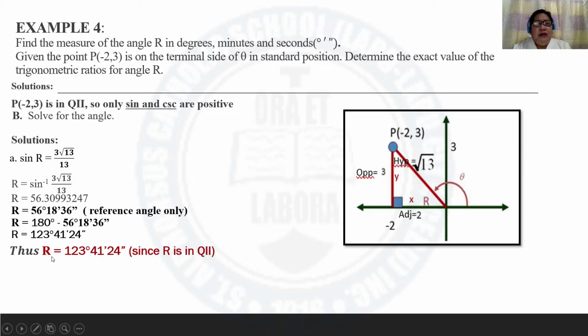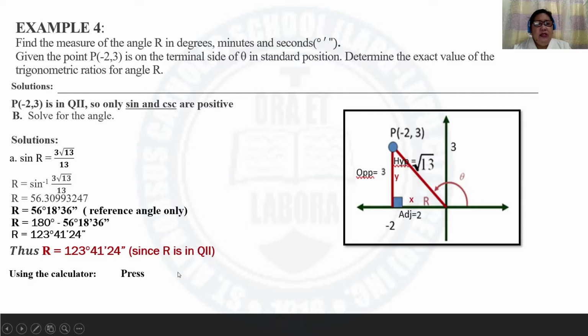Thus, the measure of angle R is equal to 123 degrees 41 minutes and 24 seconds since angle R is in the second quadrant.